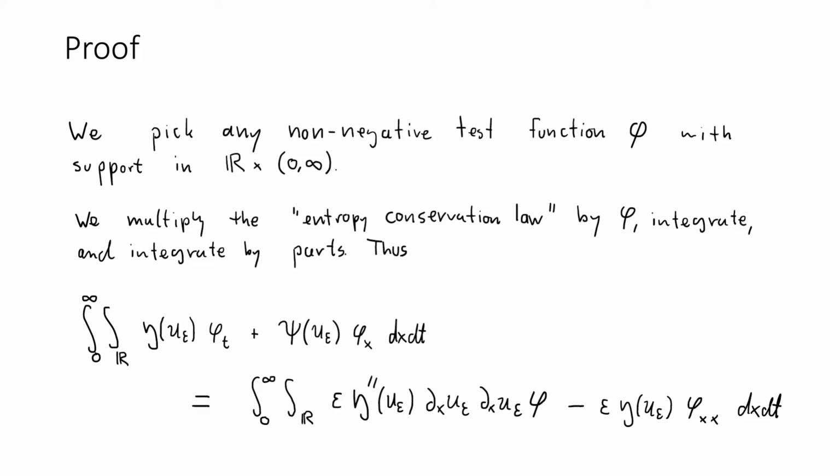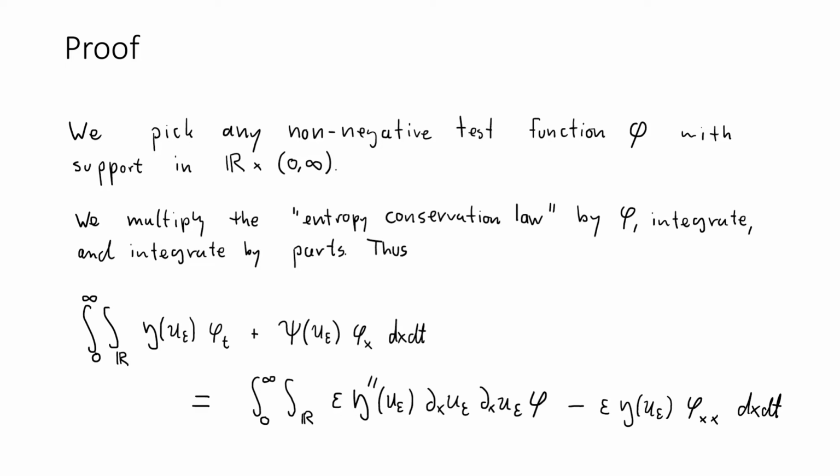Now we pick any non-negative test function φ with compact support in R times the positive real numbers. Now we multiply the entropy conservation law by φ, then we integrate and integrate by parts. Thus we arrive at the following observation.